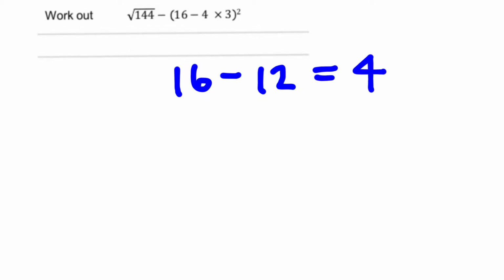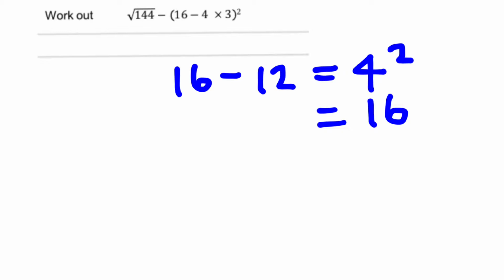And then we need to look for indices, and we can see that the answer of that bracket needs to be squared, so we need to do 4 squared, which equals 16. And then we've got square root of 144, and the answer is 12, but we need to remember that the square root of a positive number can be a minus number as well, because minus 12 times minus 12 would also give positive 144.